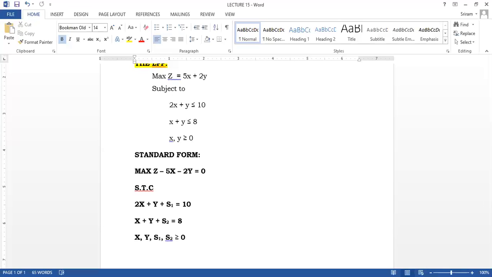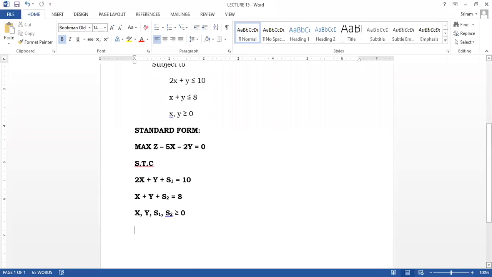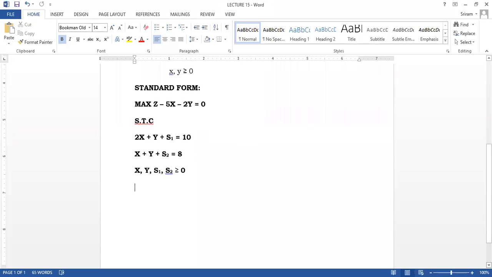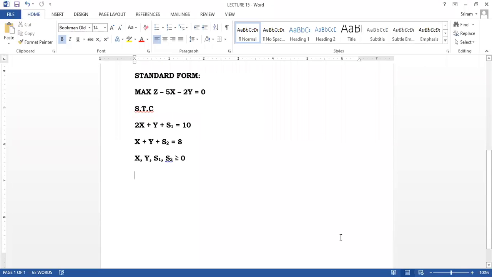Now, we are going to move on to the next idea. From this standard form, we are going to write the IBFS table. The meaning of IBFS is initial basic feasible solution.